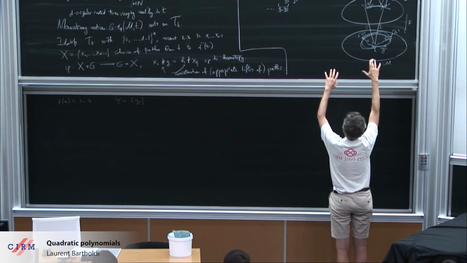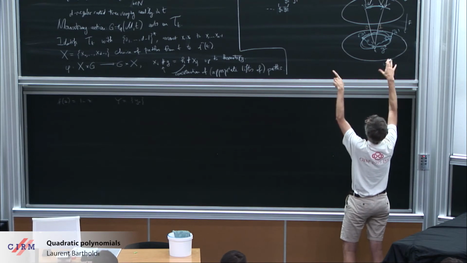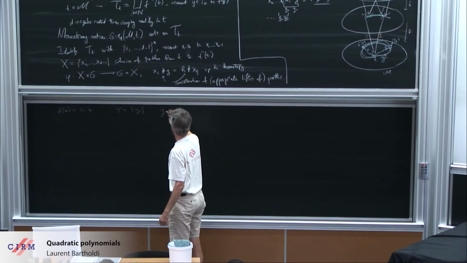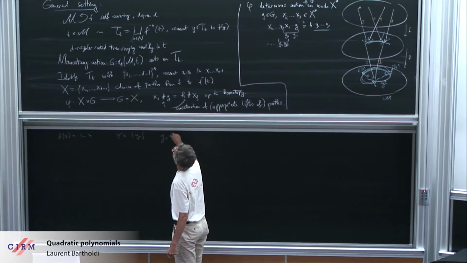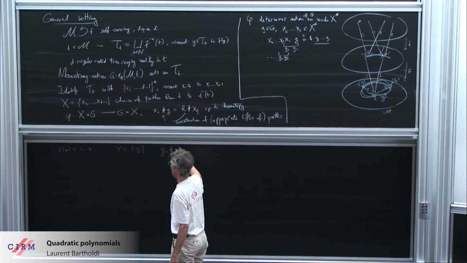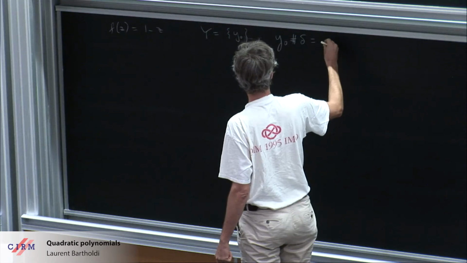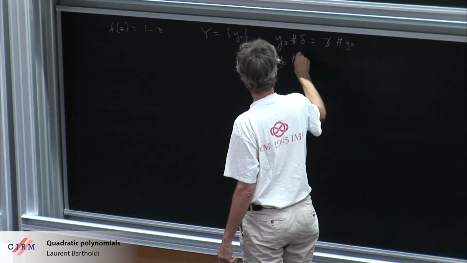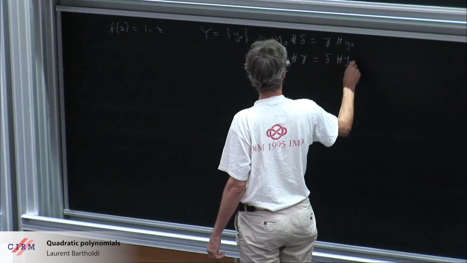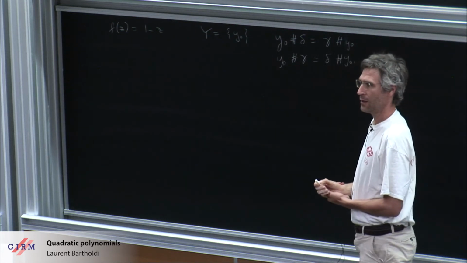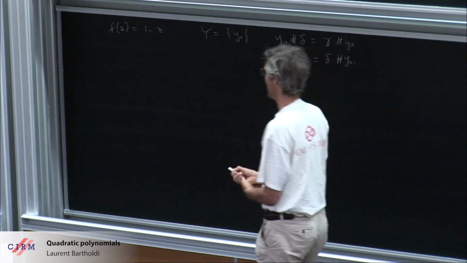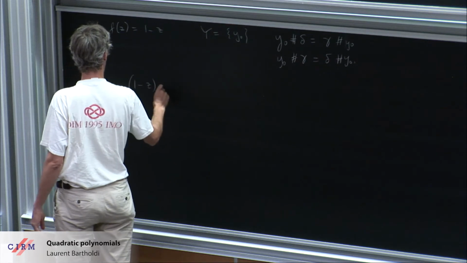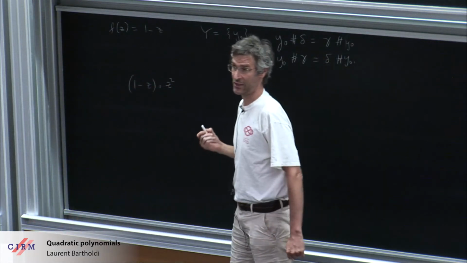And if I go back to my picture here, I have a loop around 0, loop around 1, and they will just be exchanged. So the recursions that I have will be that y0 hash delta is gamma hash y0, and y0 hash gamma is delta hash y0. Now I can compose. So if I look at the composition of 1 minus z with z squared, this is essentially the basilica.